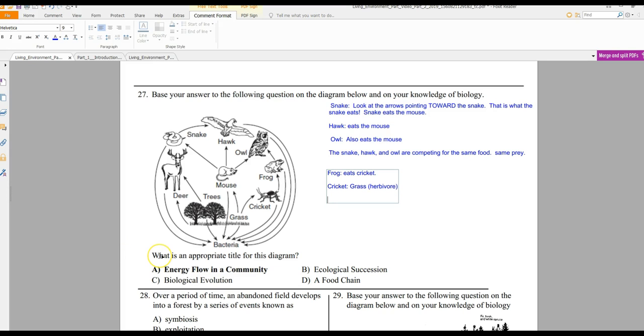Next, let's look at the bacteria. How many arrows are pointing to the bacteria? 1, 2, 3, 4, 5, 6, 7, 8, 9. All of the organisms are being consumed. The bacteria consume all of these living things, but it's very special.